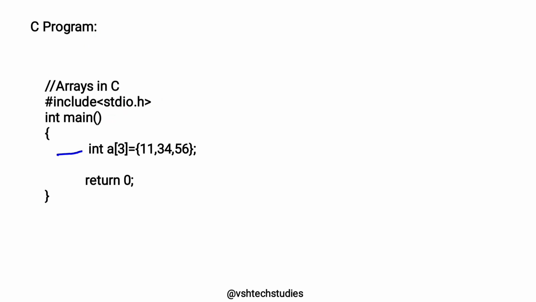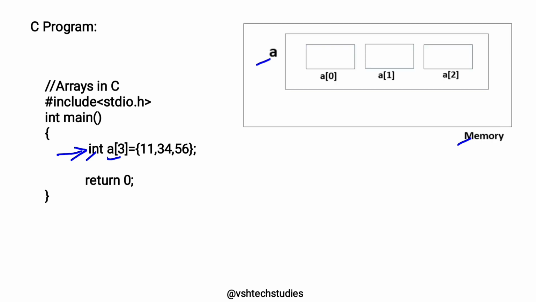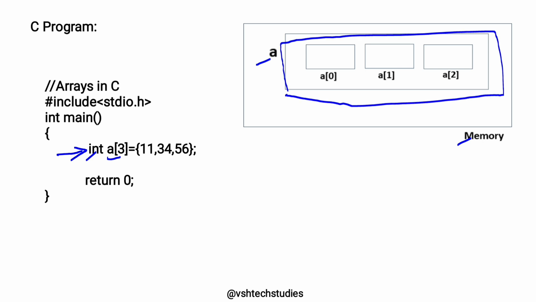The first statement in the main function is a declaration statement. Int means integer data type. Here an array of size 3 is declared. According to this, in memory, array A, a group of 3 consecutive memory locations, is reserved. And in the statement we have assignment also.